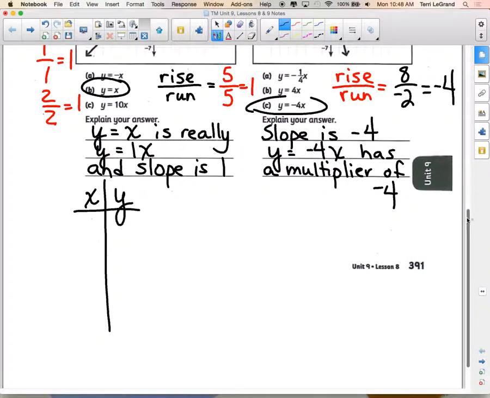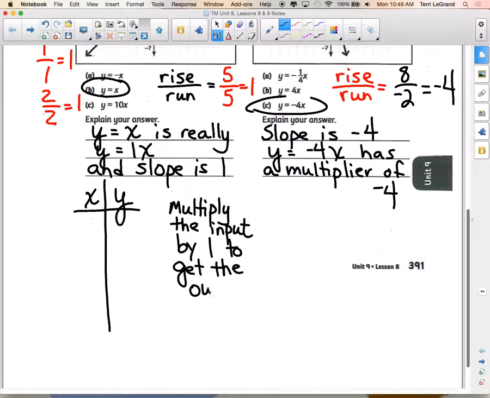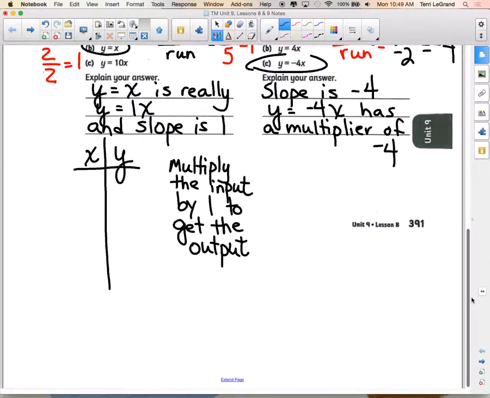It says to multiply the input, the x, multiply the input by 1 to get the output. I know that's a lot of writing, but we gotta make sure we understand that our rule is actually showing up in the equation. So multiply the input by 1 to get the output. So we jumped back to number 1.